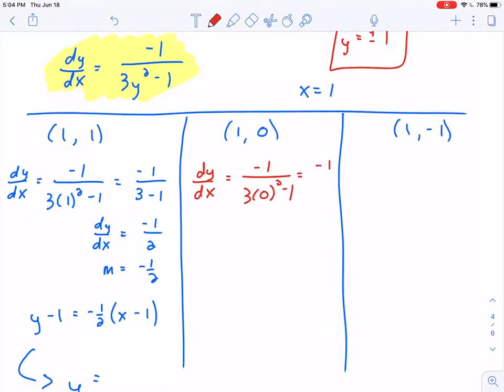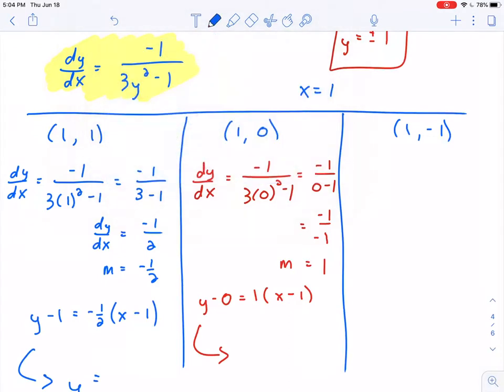This is really -1 over 0 minus 1, -1 over -1, which is a positive 1. So this is the value of my derivative. This is the slope of the tangent line. So we can write the equation of the tangent line. y minus 0 equals m is 1 times x minus my x coordinate is 1. And then you would take that and solve it for y. That one would be even easier. But we get the idea.